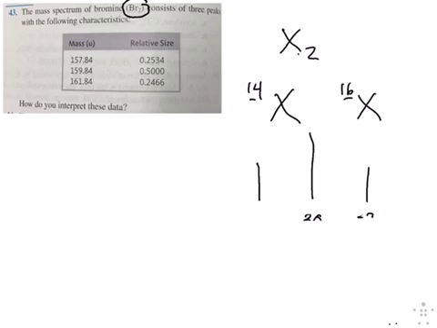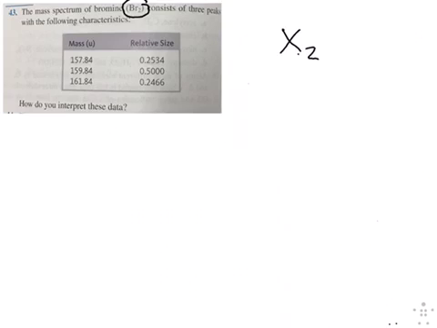In this problem, the exact same thing happens with Br2. You've got three peaks, which, like I just showed you, is characteristic of two isotopes. Two isotopes can combine in three different ways.